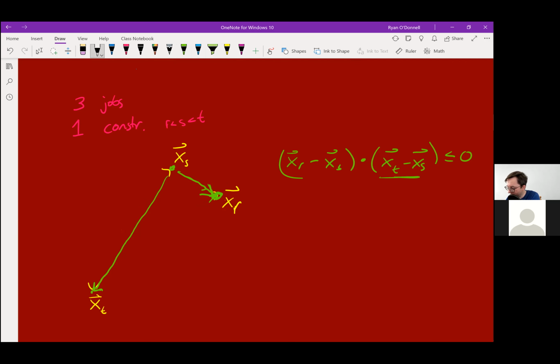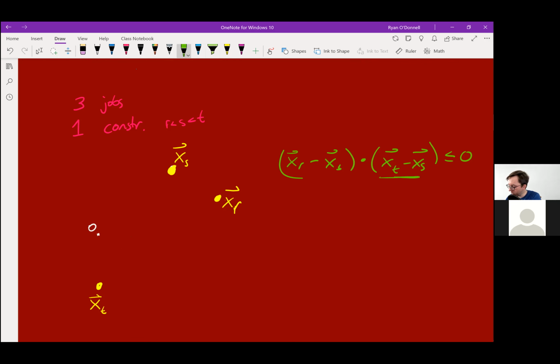I don't know if this is the origin. Maybe that doesn't matter. This xs vector is more like this point, this xr vector is more like this point, and this xt vector is more like this point.